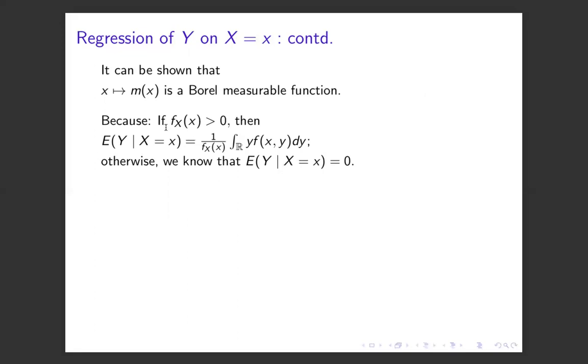So if the marginal density is strictly positive here, we know from our exercise that the conditional expectation of y given x equal to little x is this. And if this doesn't happen, then this is 0.